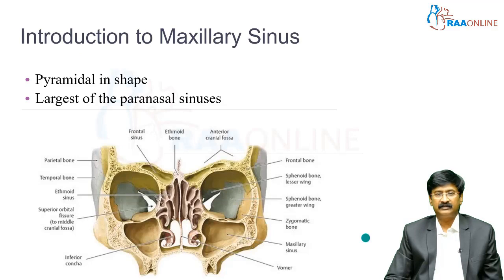As you know, the maxillary sinus is the largest compared to the rest of the sinuses. You have your frontal, ethmoidal, sphenoidal, and this is one of the largest sinuses in the face, and it is pyramidal in shape.